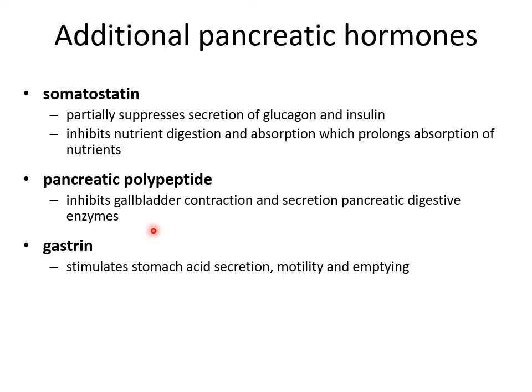Pancreatic polypeptide will inhibit the gallbladder contraction and the secretion of pancreatic digestive enzymes when you're in between meals. And somatostatin partially suppresses the secretion of glucagon and insulin and inhibits nutrient digestion and absorption to help slow down the process of digestion so it's more efficient.